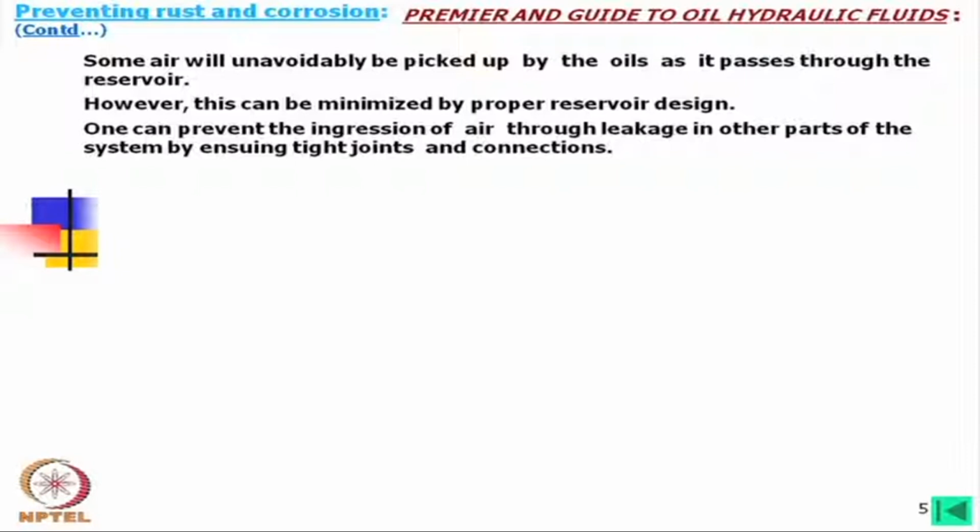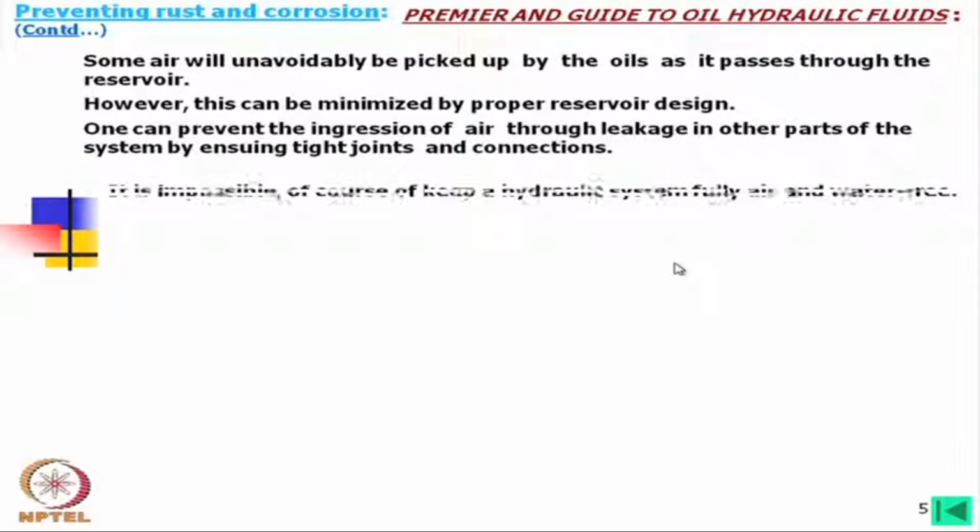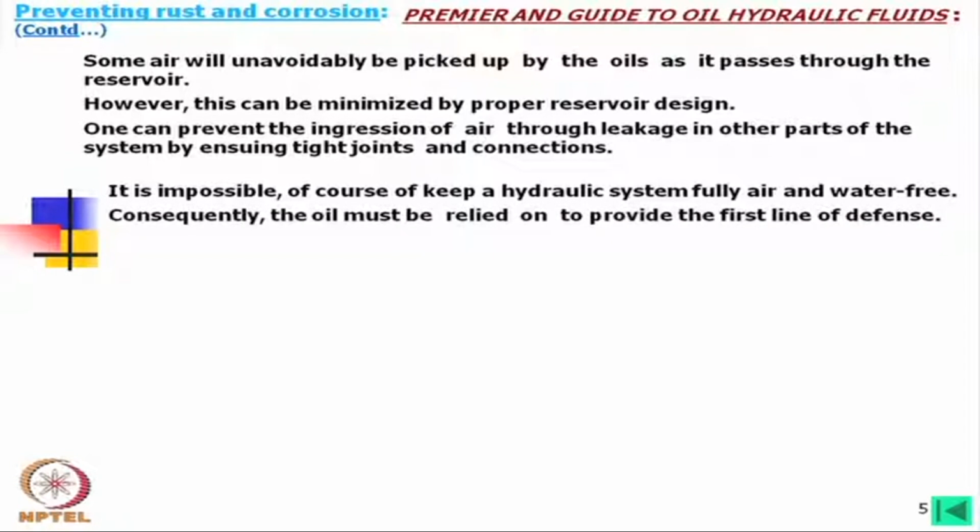So, we have to make such joints leak proof as much as possible. It is impossible, of course, to keep a hydraulic system fully air and water free. Consequently, the oil must be relied on to provide the first line of defense.